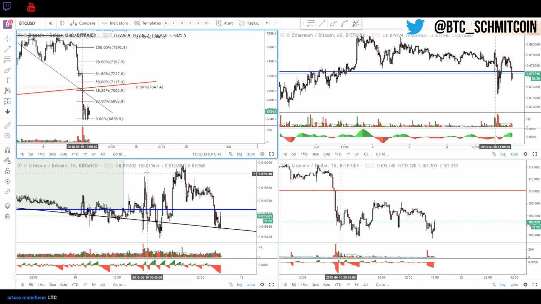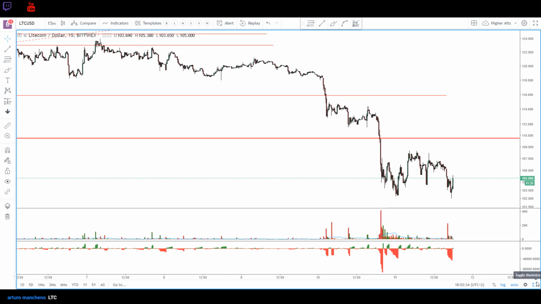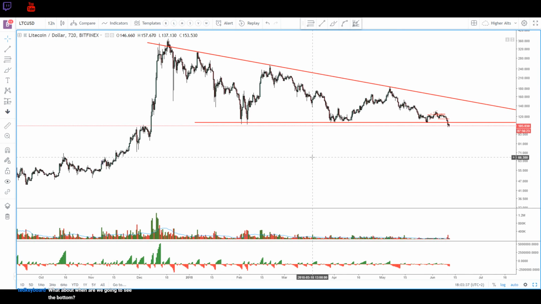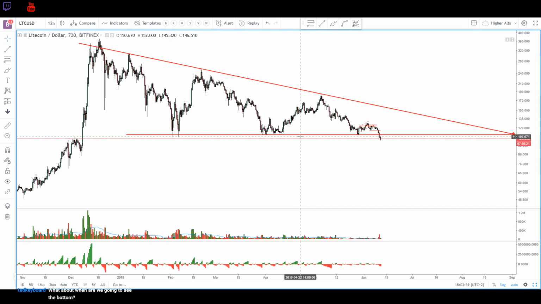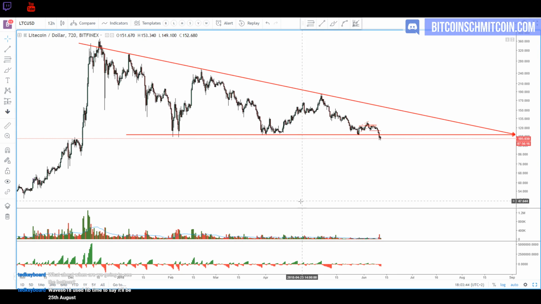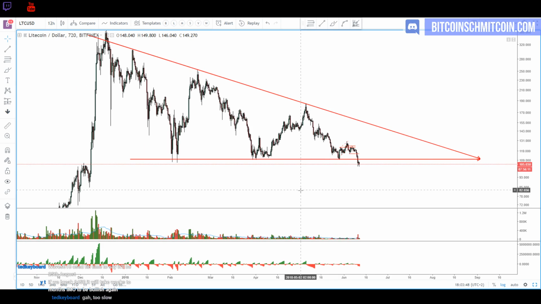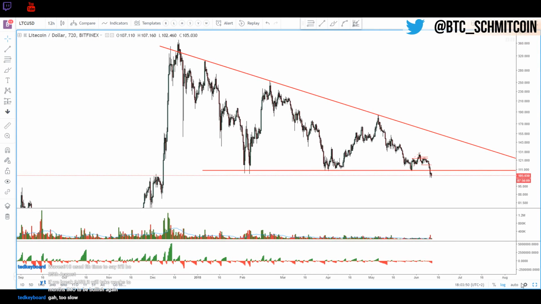All right, so let's look at Litecoin Bitcoin. First, let's look at the Litecoin USD chart. Litecoin is in a really precarious situation right now because it was in this massive descending triangle, and it finally made a new low for the first time since February.